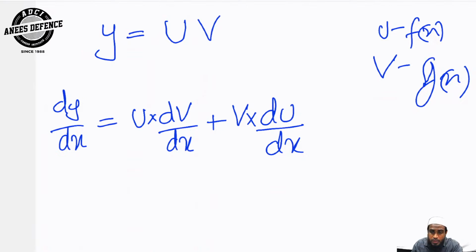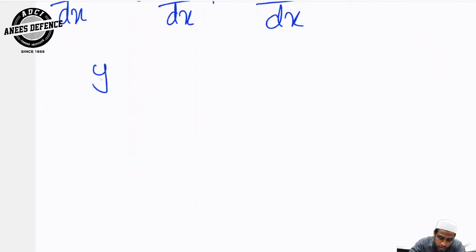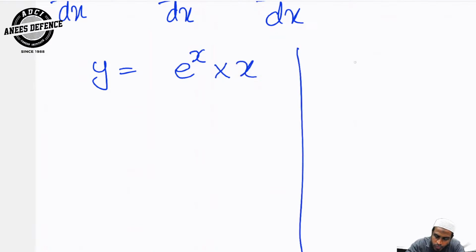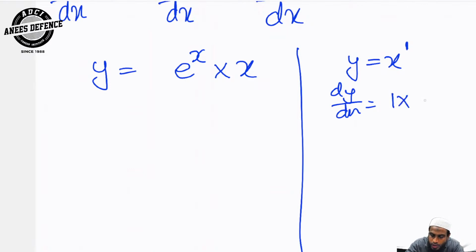I will give you one example. Y equal to e raised to x into x. If y equal to x, what is dy by dx? x is x raised to 1, so 1 into x raised to 1 minus 1, so 1 into x raised to 0.